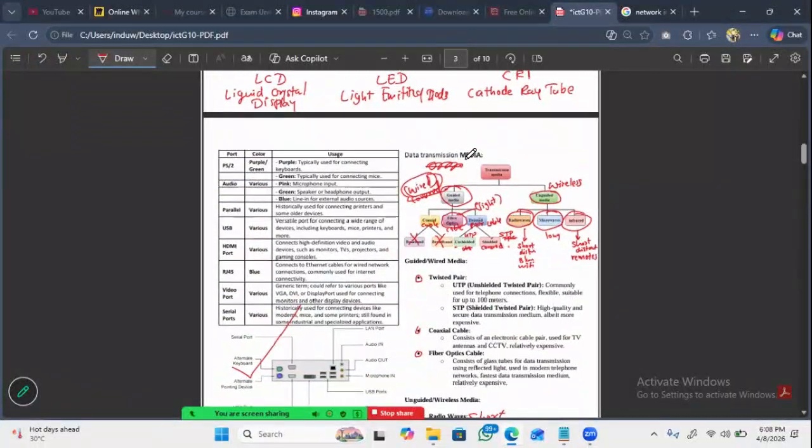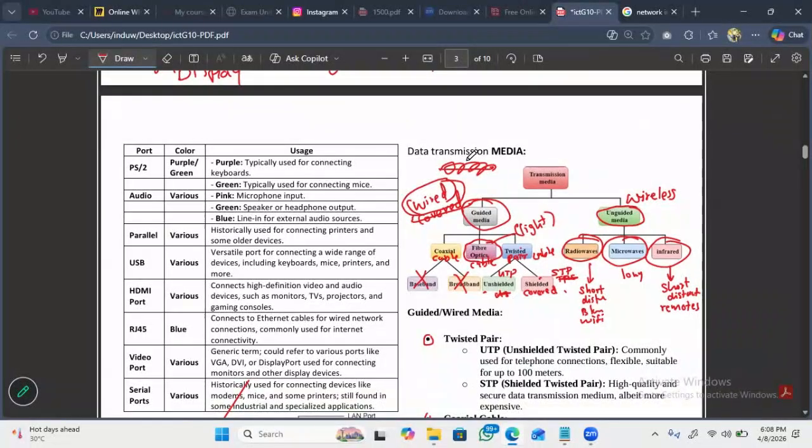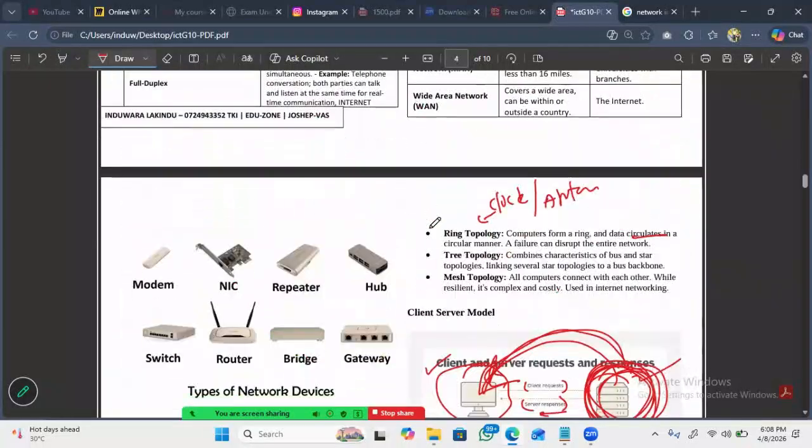If you have any doubt regarding the lesson, or if there's any topic that I haven't discussed, please let me know. I will be bringing a separate video for the parts of the hard disk. For here it will be this much.